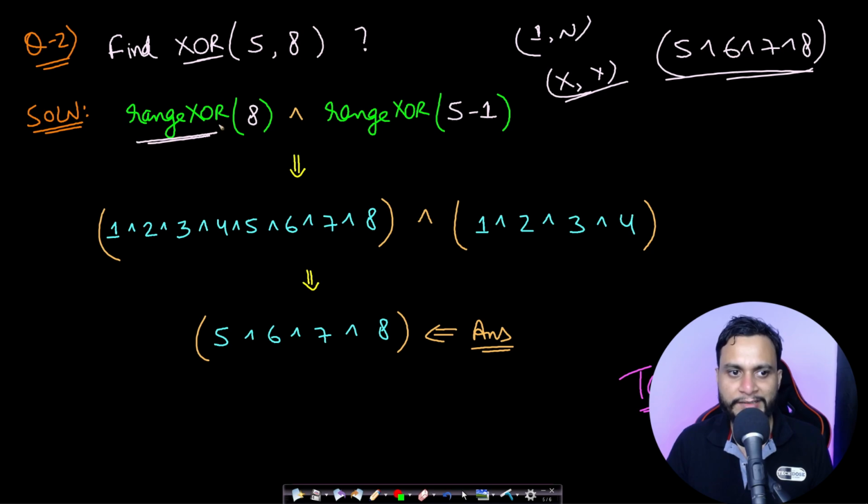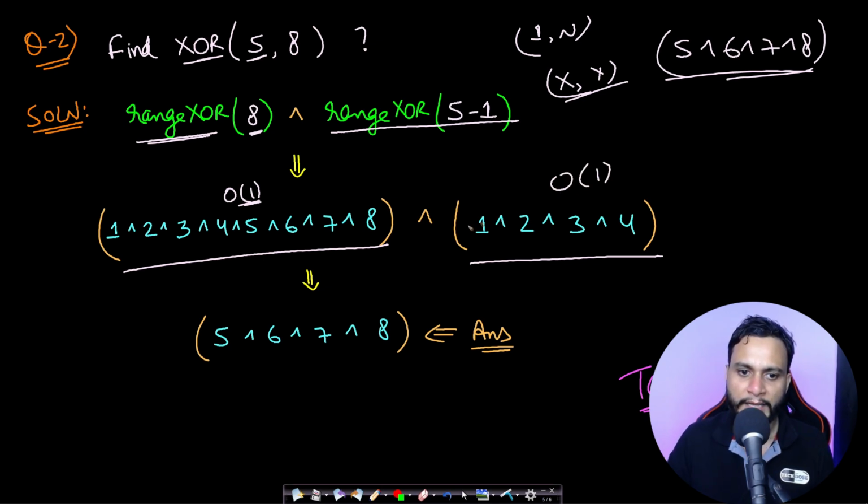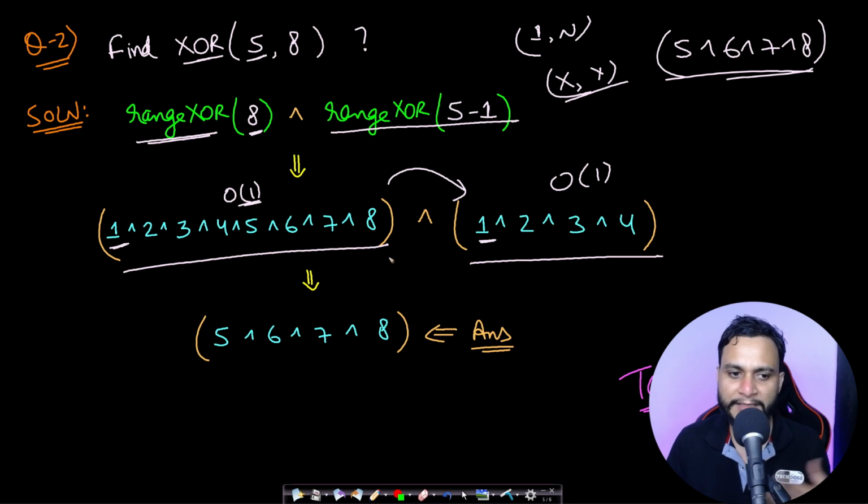So first find the range XOR from 1 to 8, and this will be the representation, and you know that we can do with the mod operation in order of 1 time. Now you find the range XOR in the range of the lower value minus 1, and you know it will be 1 to 4. This can also be done in order of 1. And now you XOR these two results. Now whenever you XOR two same items, if the items occurs even number of times, then they will get cancelled out.